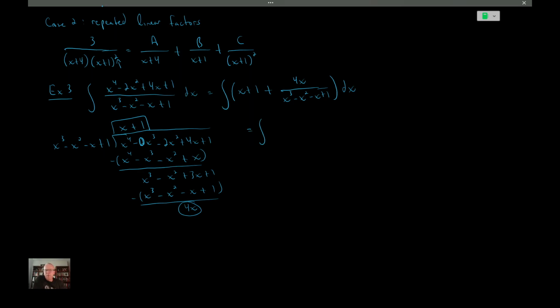Obviously we don't need to do anything with the x plus 1 anymore. So we can factor this by grouping. We can factor out an x squared, and we're left with x minus 1. So group those two. Now these two, we can factor out a negative, and we're left with an x minus 1.